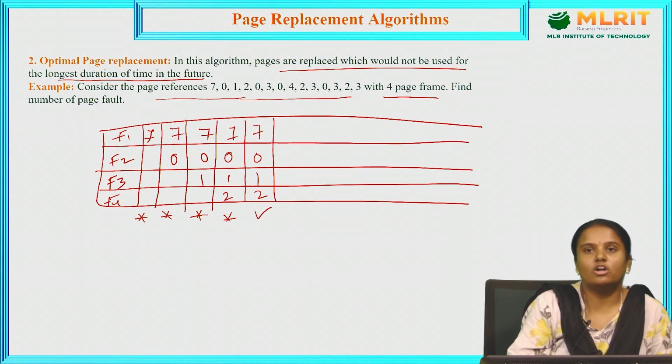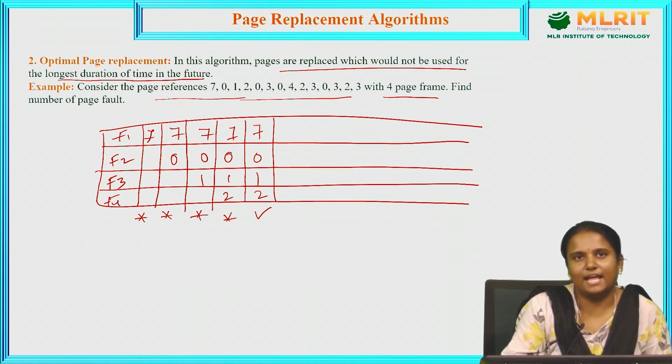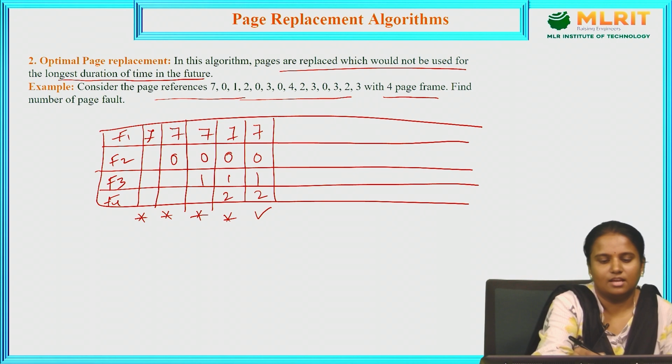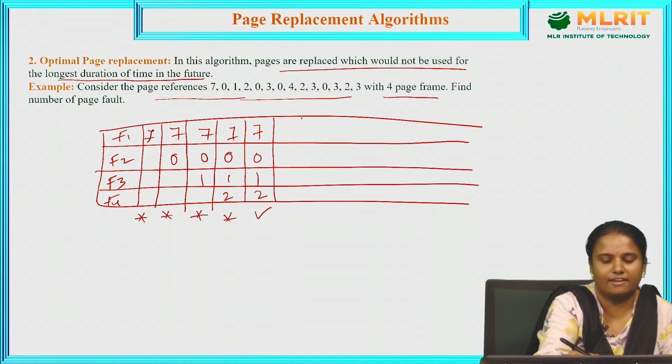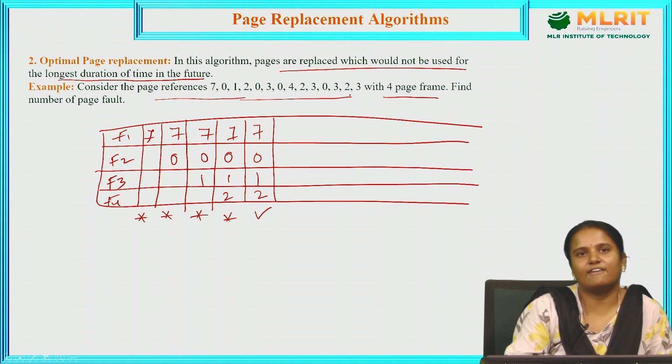3. As it is the optimal page replacement algorithm, which number do I have to remove from the frame? 7 is not used further in the future. 0 is arriving and 2 is arriving, and 1 is not there. So 7 and 1: which one do you want to remove?